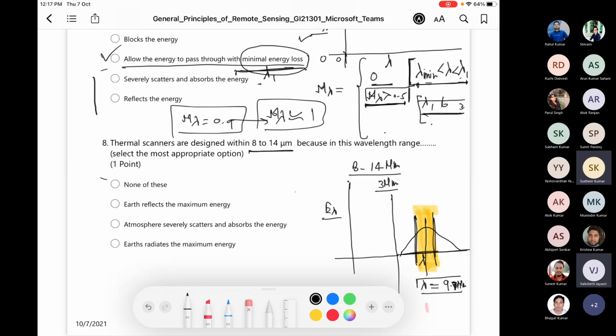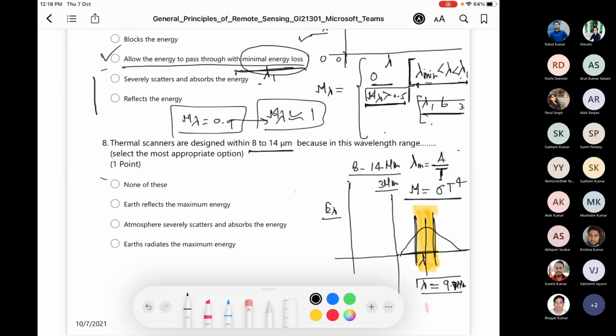Lambda max is equal to a constant A by temperature T. And what is the other formula that we write to determine the radiated energy versus temperature? Stefan-Boltzmann law. M is equal to sigma T to the power 4.